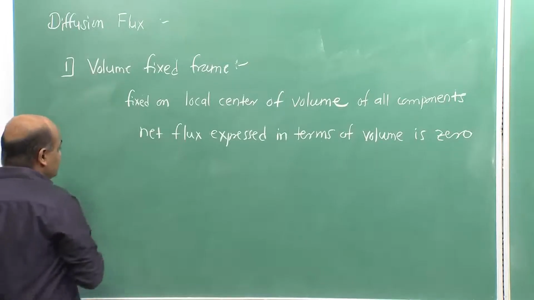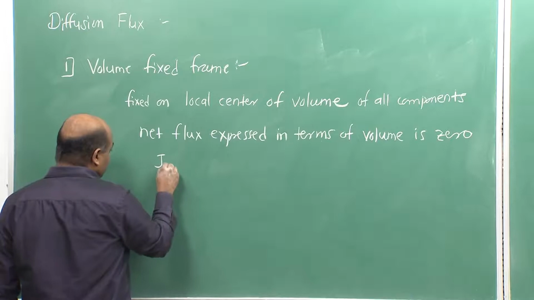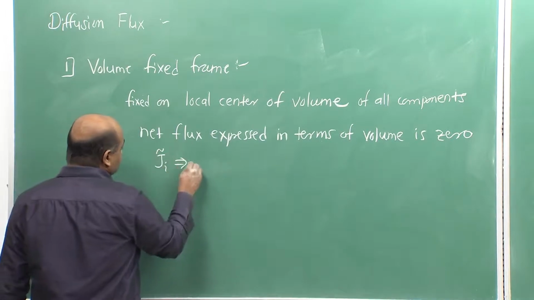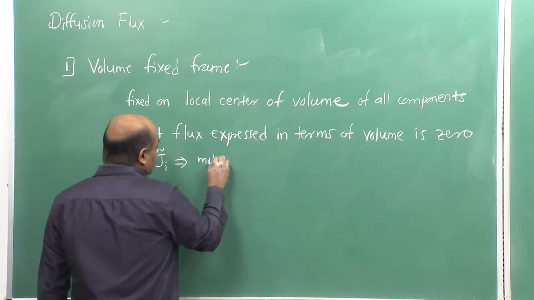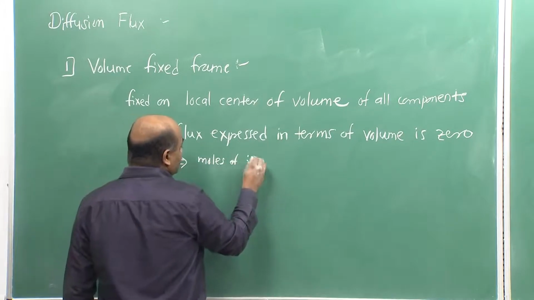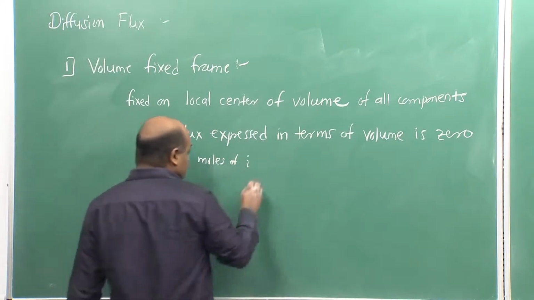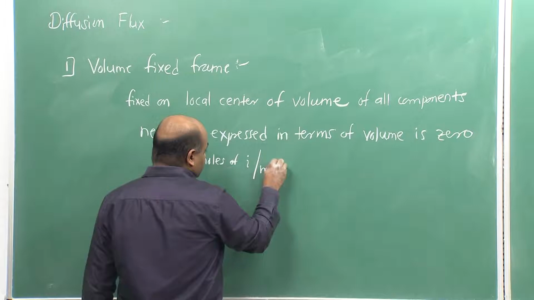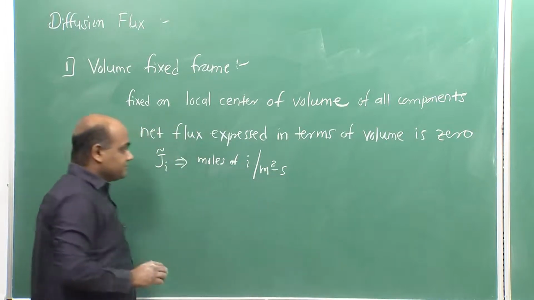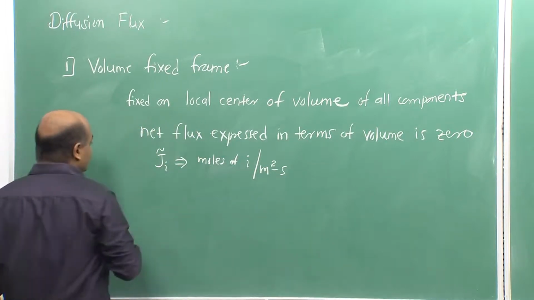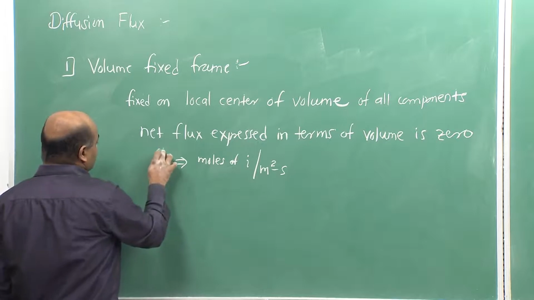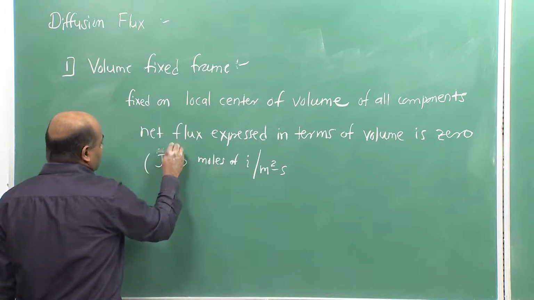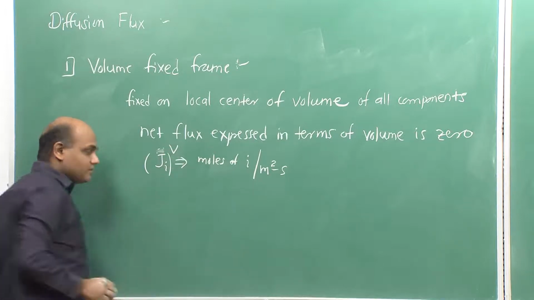So, typically we express flux in terms of number of moles of i per meter square per second, right. It can be J_i tilde or it can be J_i. Let us call this J_i^V.